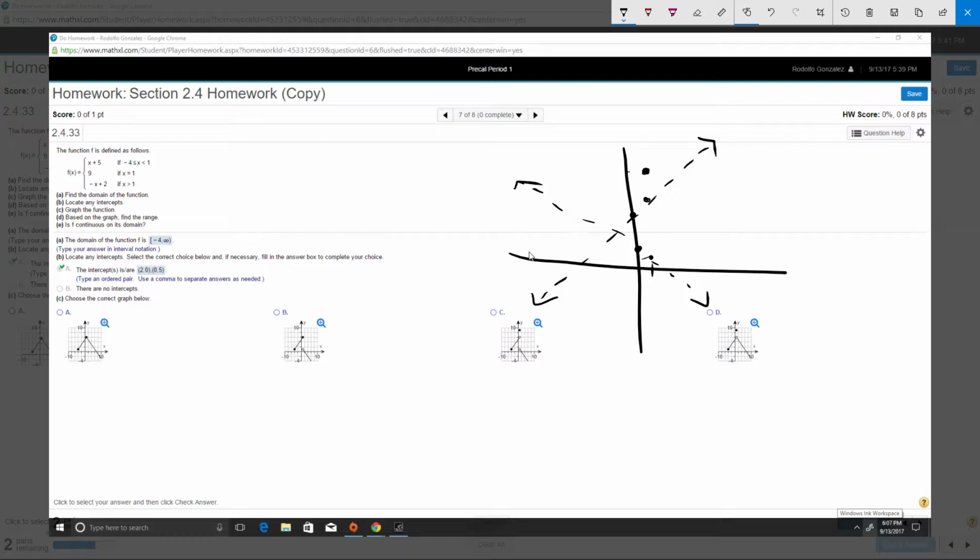Okay, so the key here now is that we need to figure out from where to where do our functions matter, right? So for the first function, we have it right here. It tells us that we only care about our function when it's between negative 4 and 1. So we're going to go to x equal negative 4 and x equal to 1. And we're just going to fill in the stuff between there.